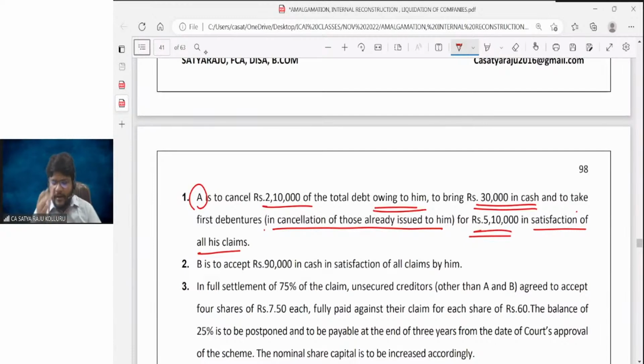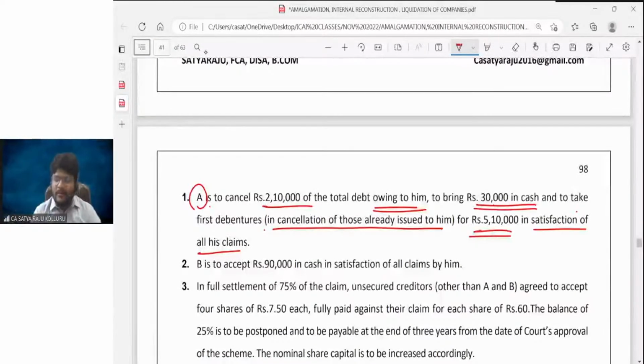We do not understand anything, sir. So please read the sentence line by line. A is to cancel rupees 2,10,000 of the total debt owing to him, to bring 30,000 in cash.